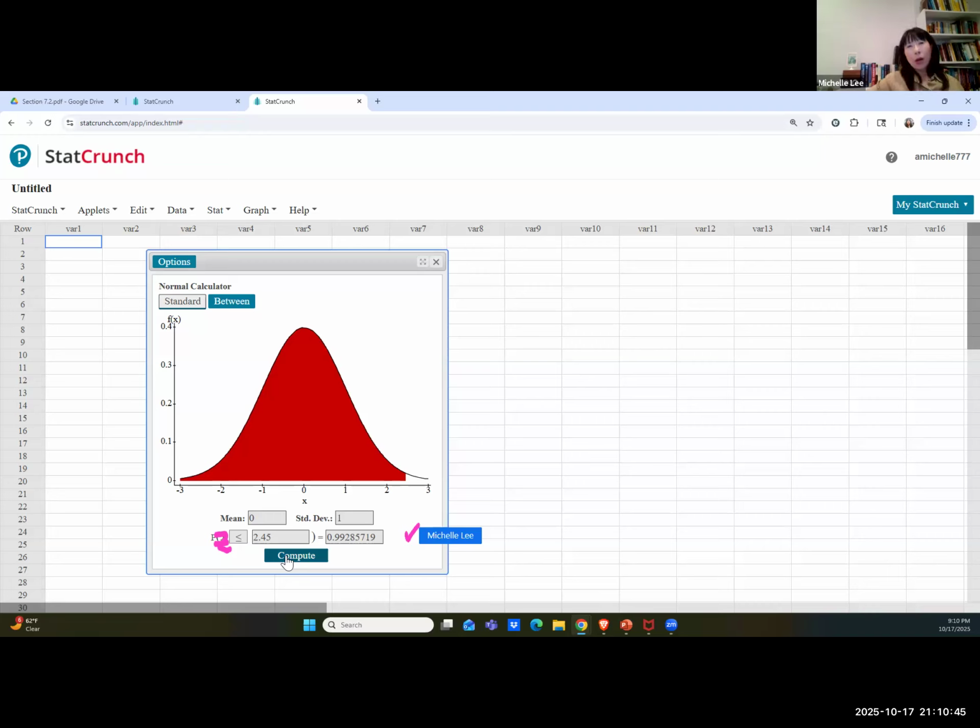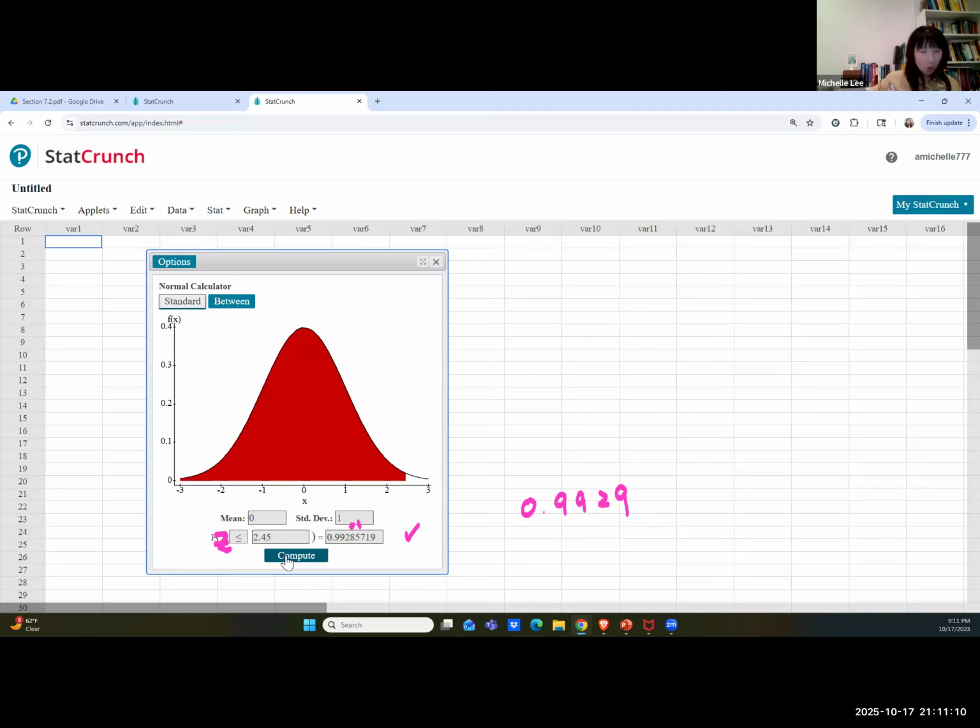Okay, I told you probability is a very tiny number between 0 and 1. So let's answer at least 4 decimal places, right? So we say 0.9929, because the 5 is rounded up. We give it to the 1, round up, right? We got that? Okay, let's move on.